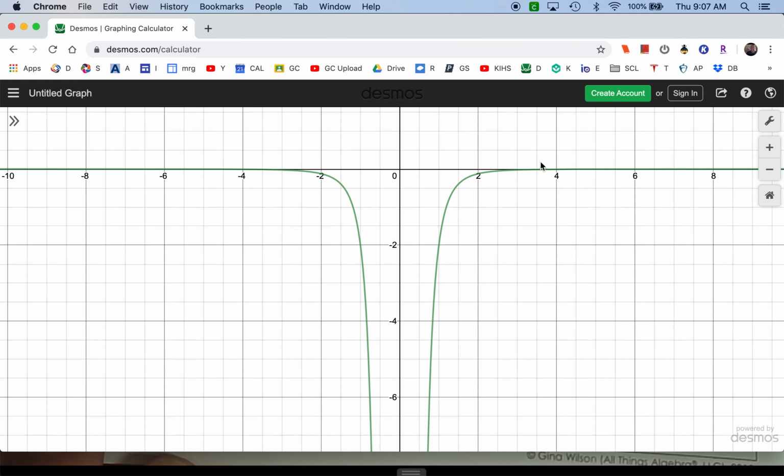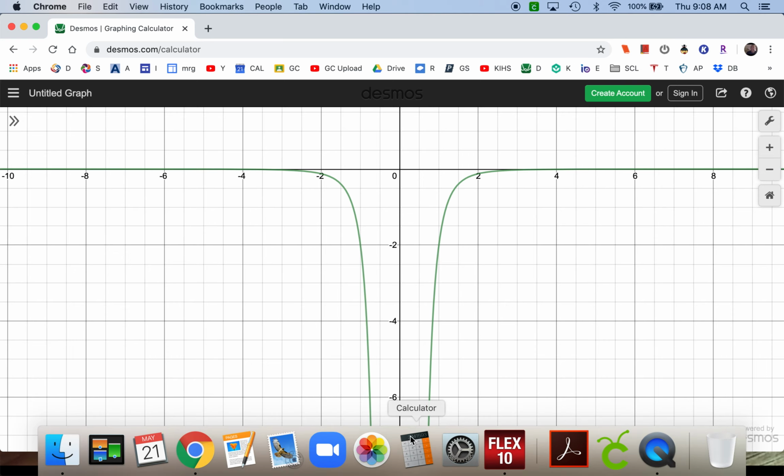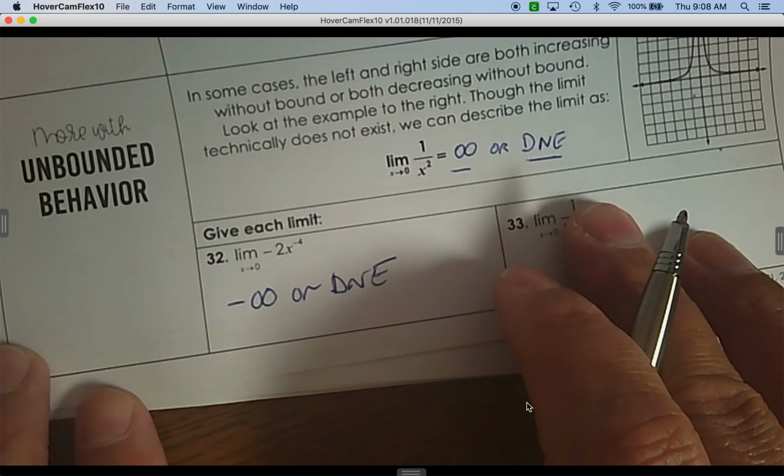And I want you to notice that both the right and the left are both going down. So one answer you could say around 0 is that the values on both the right and left are going to negative infinity, or you can write down does not exist because it's impossible to approach negative infinity. So there are two correct answers there. And yes, both will be accepted.